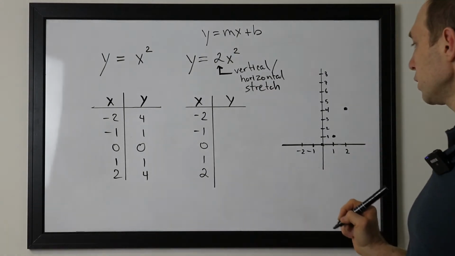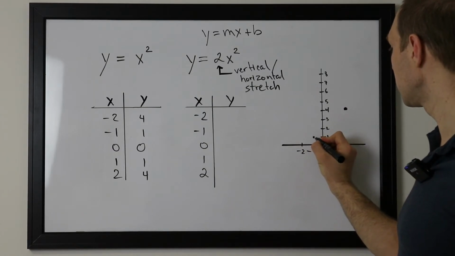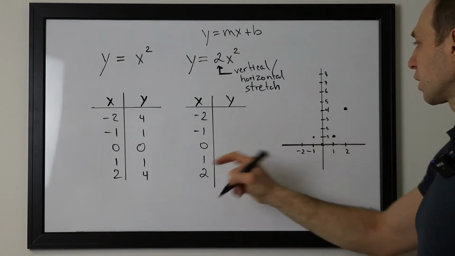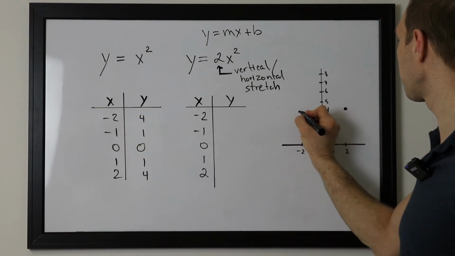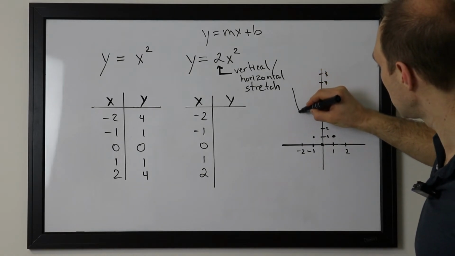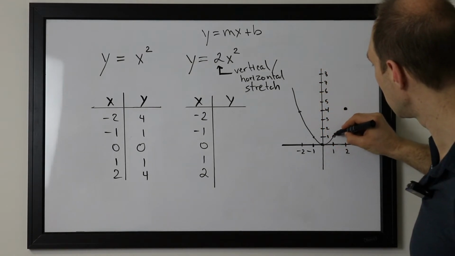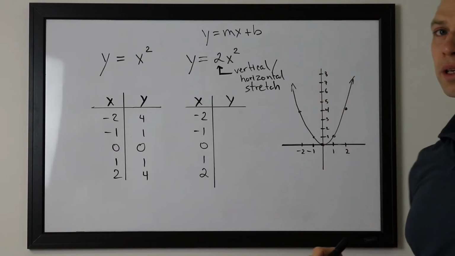So we've plotted those points. We do the same thing on the opposite side. When x is negative 1, y is 1. When x is negative 2, y is 4. Okay, let's connect those dots. And we get something like this.